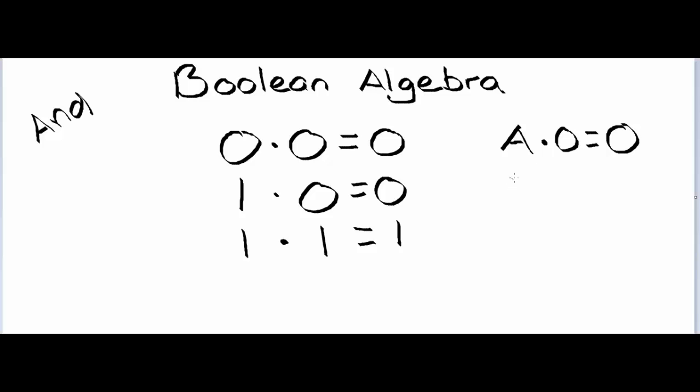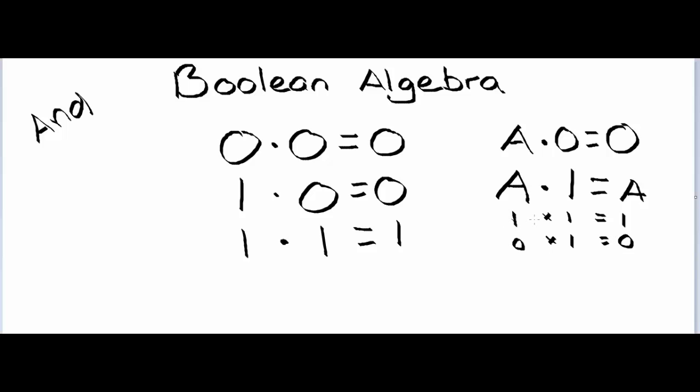In a similar way, we can also say that A multiplied by 1 is always going to equal A. The reason for that is because if A is 1, then 1 times 1 is 1, and if A is 0, then 0 times 1 is 0.